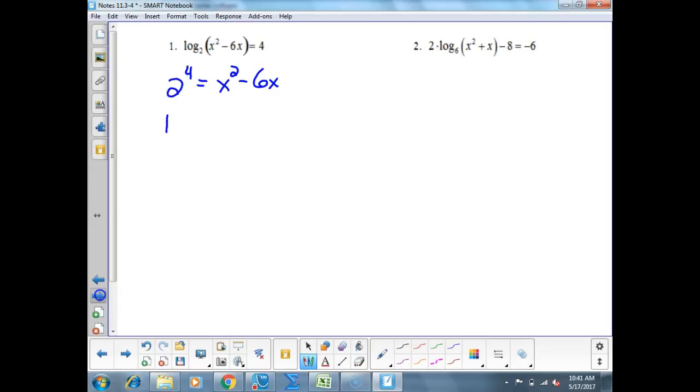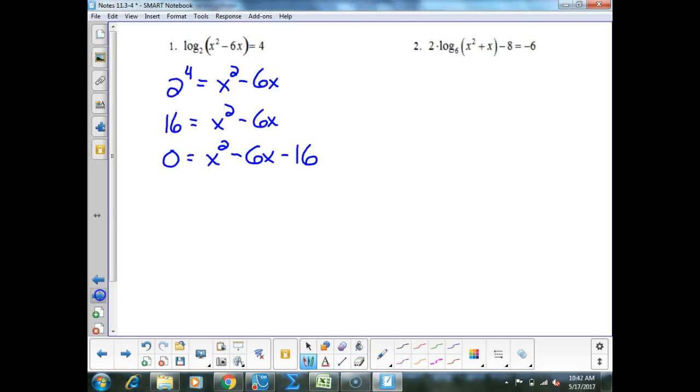So this is really 16 equals x squared minus 6x. Now what? Set it equal to 0 because I have a squared term and a linear term. I have to get it equal to 0. Easier to move everything to the right or everything to the left? To the right, okay? So we get 0 equals x squared minus 6x minus 16.